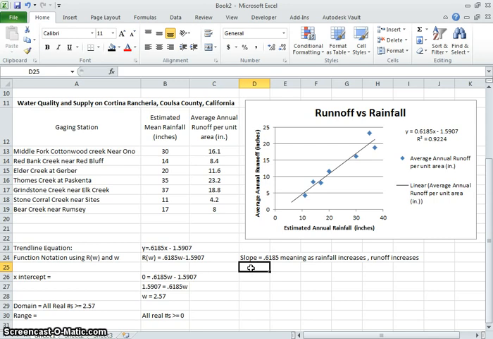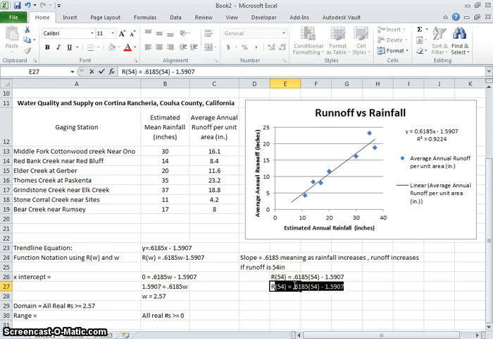Then it says estimate the annual runoff amount if the annual rainfall amount is 54 inches. So, if rainfall is 54 inches, this means R of 54 is equal to 0.6185 times 54 minus 1.5907.